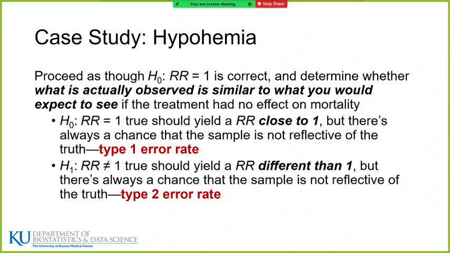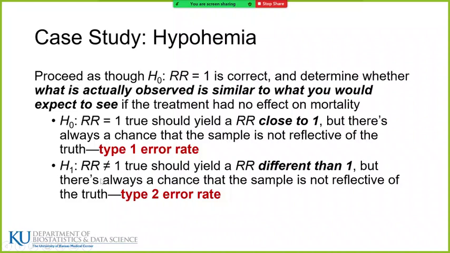We should expect to see a relative risk close to 1 if there truly is no effect of the treatment on mortality. The problem is, again, because of sampling variability, there's always a chance that that relationship will not be exactly mimicked in the sample. And that's, again, that type 1 error rate we want to control.